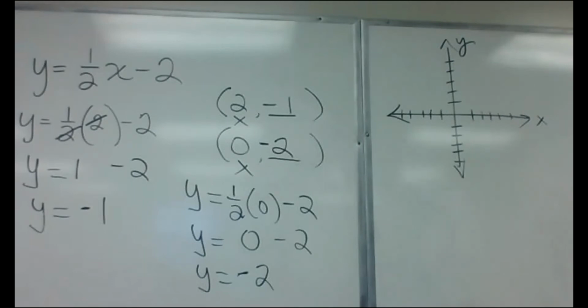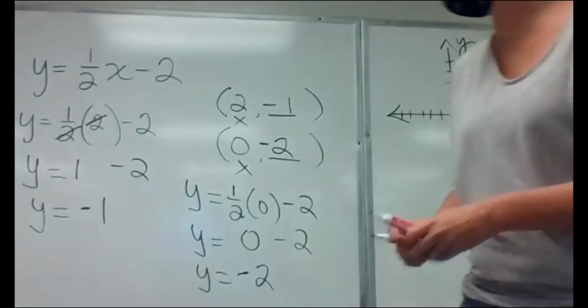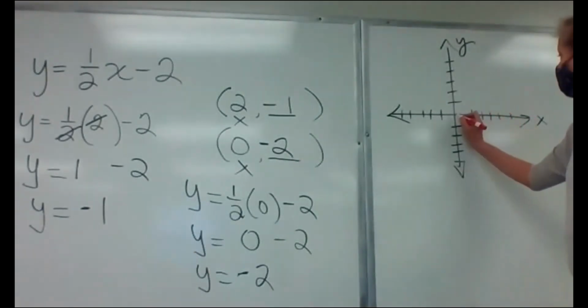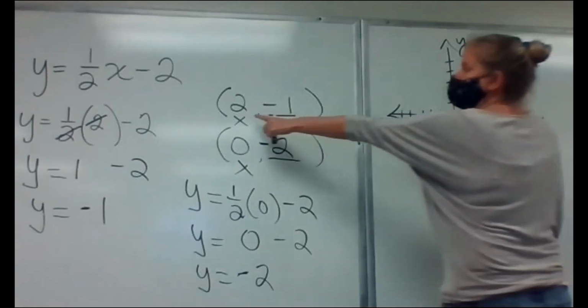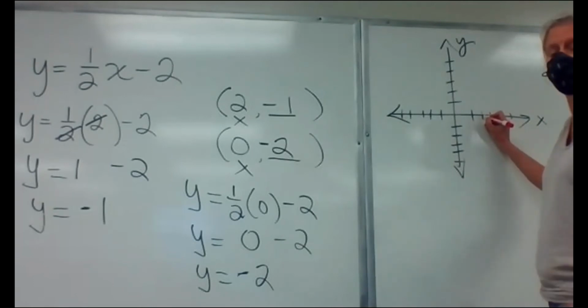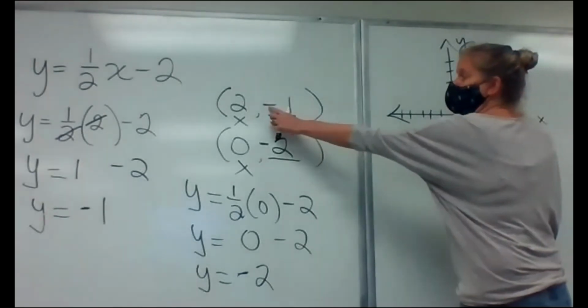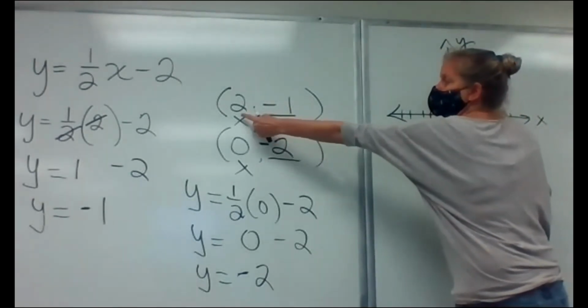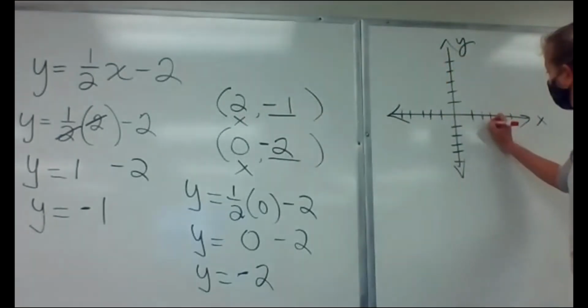So let's see, 2, negative 1. Let's plot that point. My x is positive 2, so I'll go to the right 2. I don't put my point there, right? I haven't done my y movement yet. My y movement is negative 1. So right 2, down 1. So there's the first point.